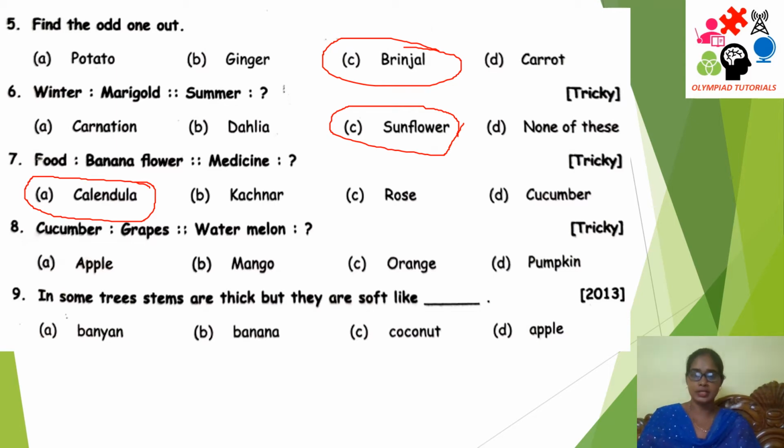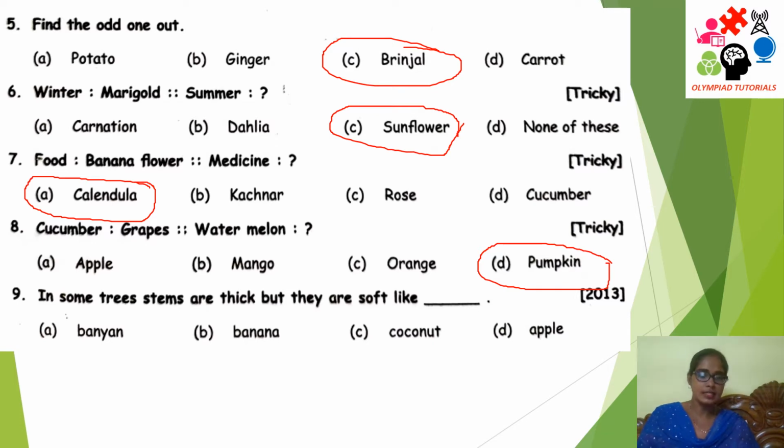They are creepers and they need the support of other plants or any other thing present around them. So creepers grow with the help of any other object or any other plant. So here your option number D, pumpkin, is going to be the correct answer, because mango, orange and apple, these trees have a hard or a thick stem.